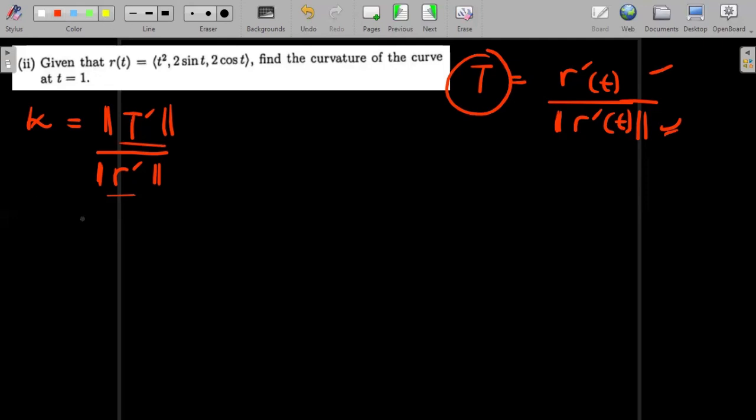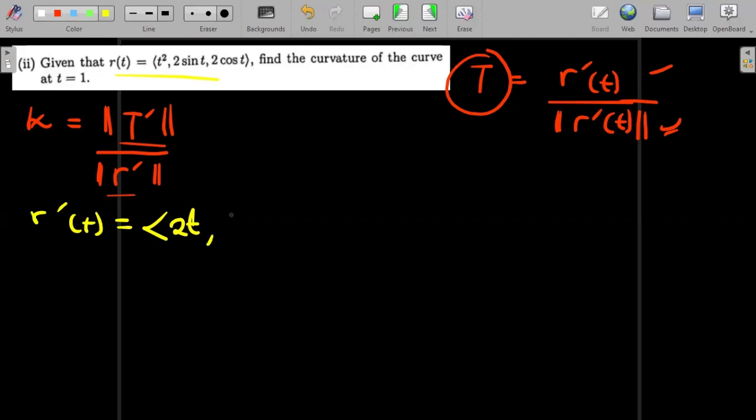This is our R right here, so we have to differentiate that R. So R prime of T is going to be equal to, differentiate this first part. Differentiate T squared, you just get 2T.